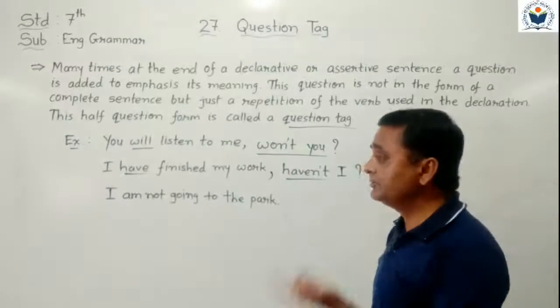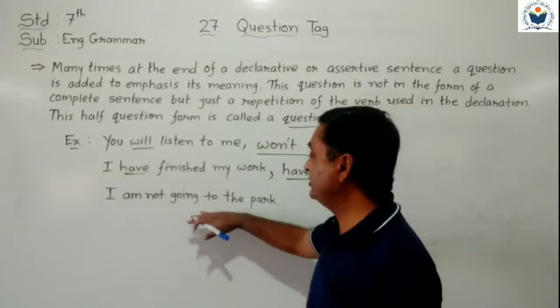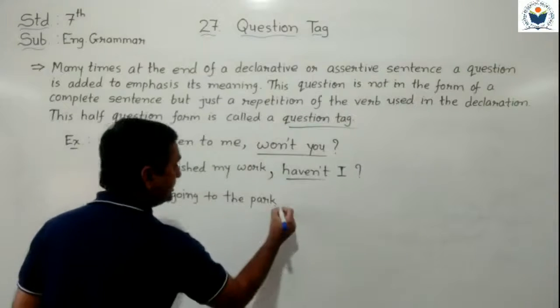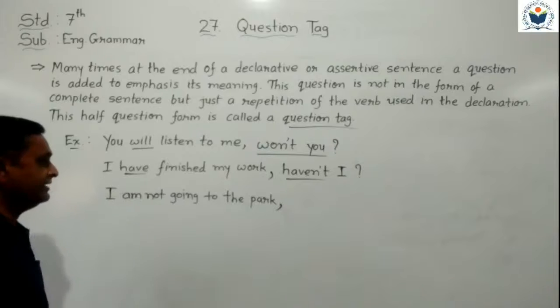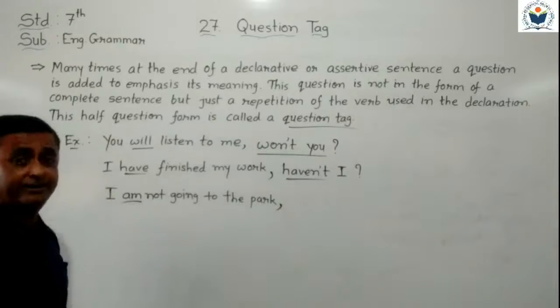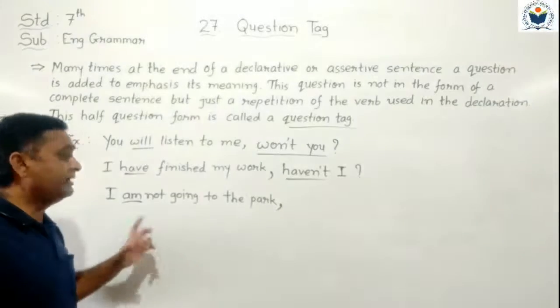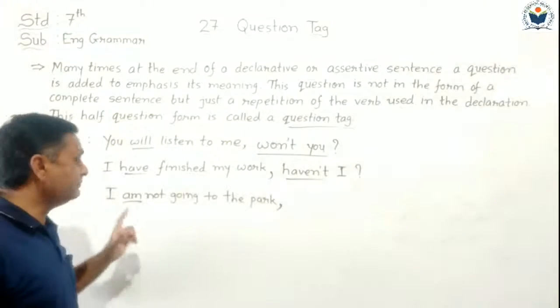So what do we have to do? First of all, we have to write the whole sentence as the answer: I am not going to the park. After park, we have to put a comma here. Then next, we have to find the helping verb. Am is the helping verb here. But the sentence is in negative form, so we have to convert it into positive form. Our question tag will become positive here.